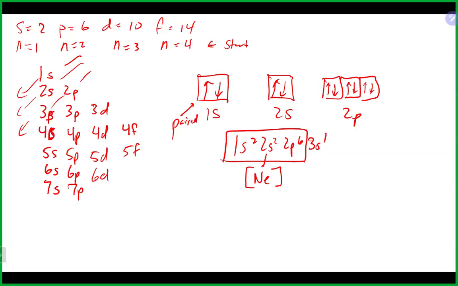That represents neon's electron configuration, and then you continue on with the configuration like normal, and you get 3s1. It should always be a noble gas that goes in the brackets, and it should always be the noble gas that comes right before whatever element you are writing the electron configuration for.